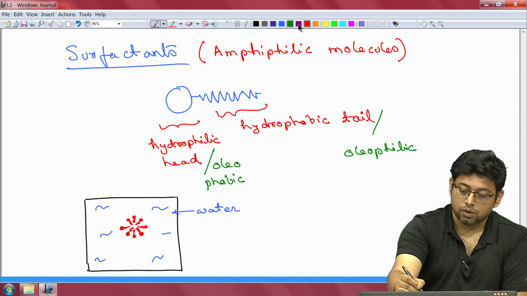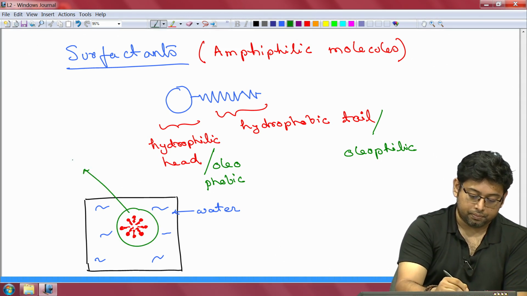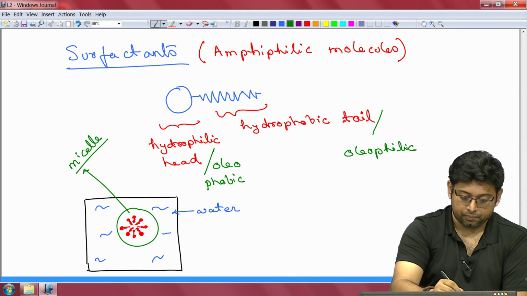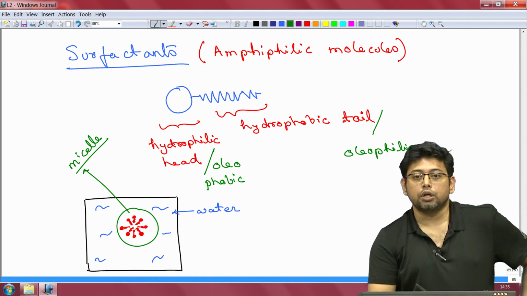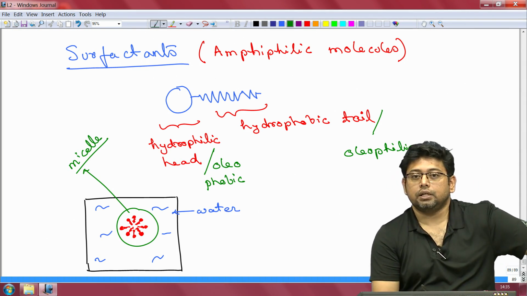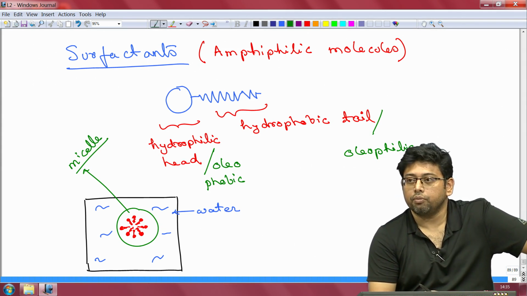Okay. So, this configuration is also called a micelle. And this is how these surfactant molecules, which are amphiphilic in nature, can actually end up dissolving in water, even though they have a hydrophobic tail.